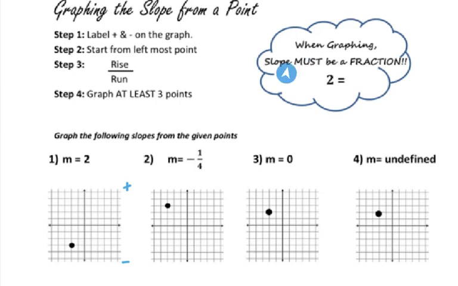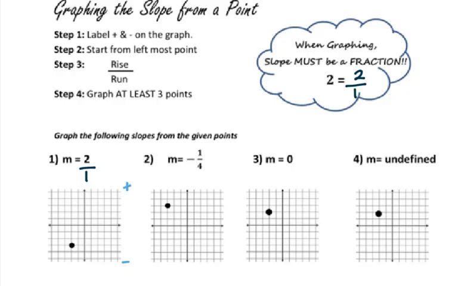When graphing slope, it must be a fraction. So 2 is the same as 2 over 1. If it's a whole number, you put a 1 below it because 2 divided by 1 is just the number 2. So if we look at example 1, that's a whole number, so I put a 1 below it.